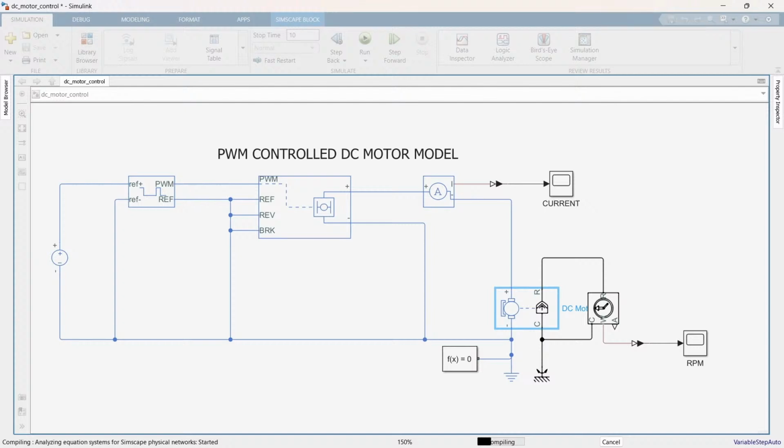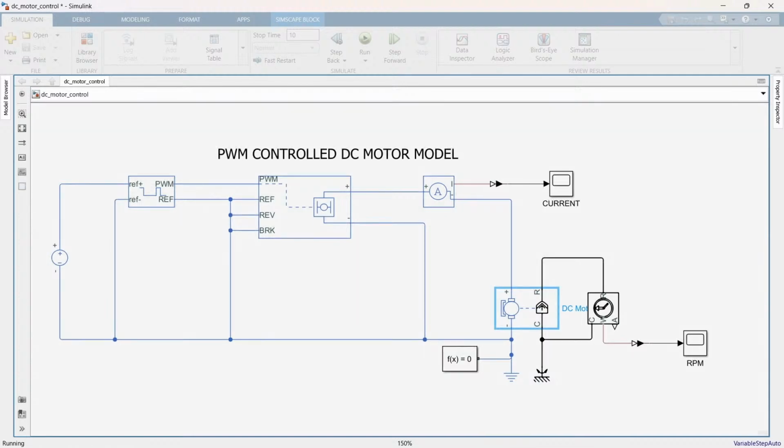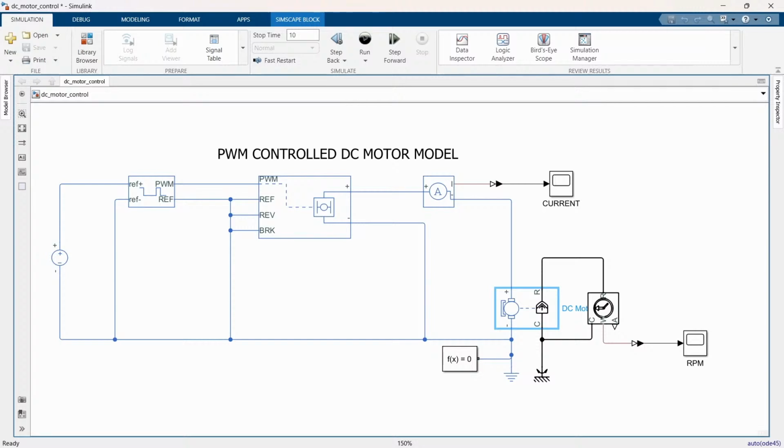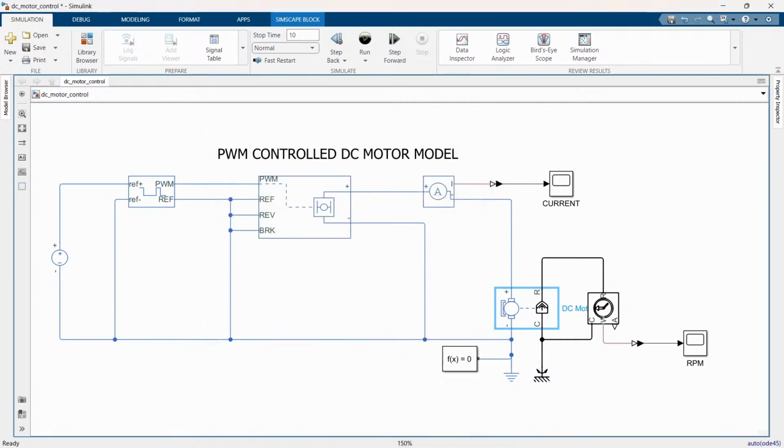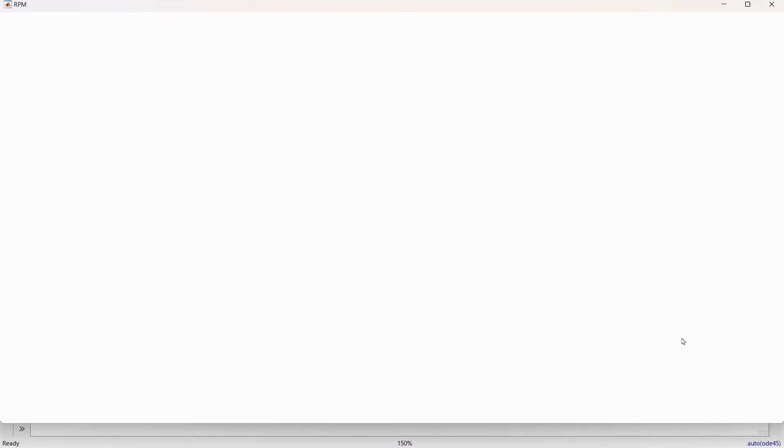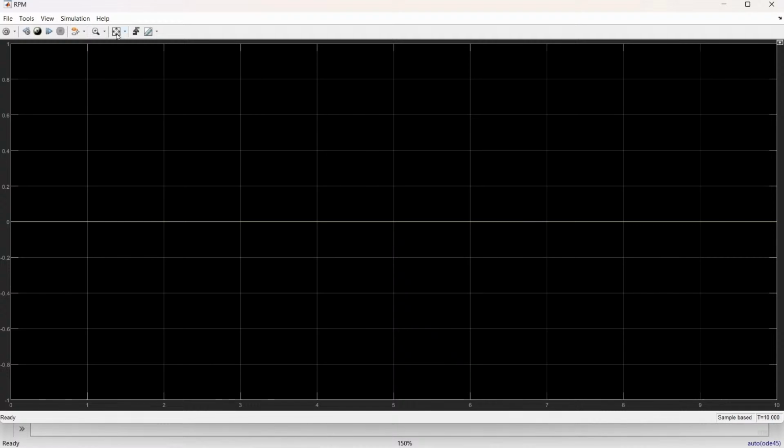So this DC motor, the data sheet of the DC motor, it delivers 10 watt of power at a rated speed of 2500, but it is powered by a 12 volt DC supply. Additionally, it mentions no load speed is 4000 RPM. So let's see the output of this one, RPM. Just a minute.